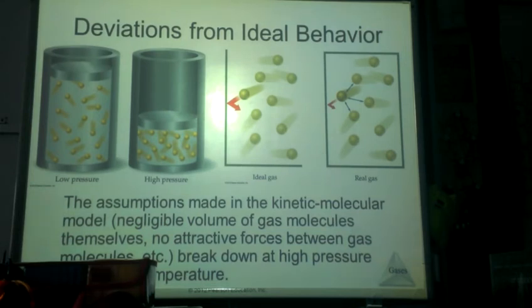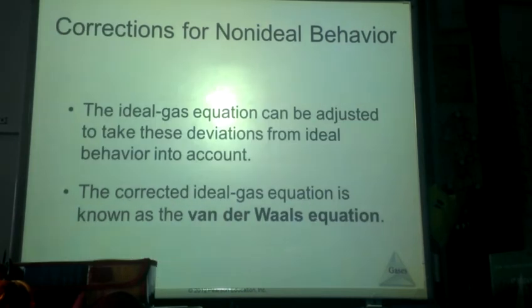They'll try to stick together instead of bouncing off one another and continuing to hit the container and continuing to have those perfect elastic collisions. So at really low temperatures, I can think about how gases will become sticky and how they don't follow that elastic collision condition of the kinetic molecular theory, okay?